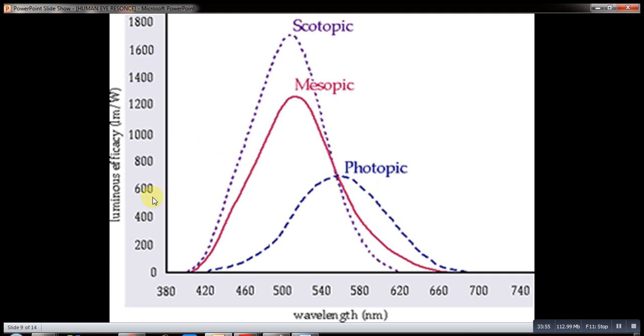This is for photopic, this for scotopic, and this for mesopic. Mesopic is the range between scotopic and photopic, where rods and cones work together in this region.